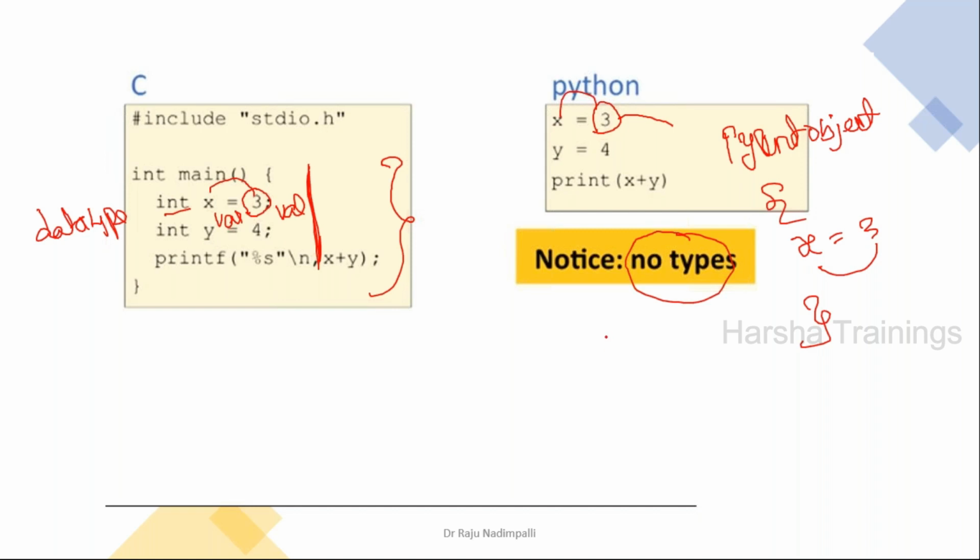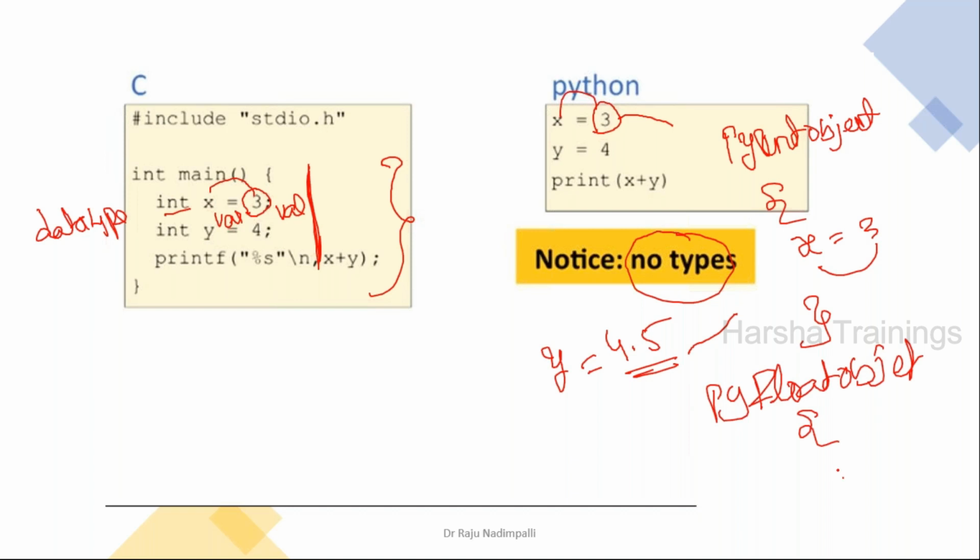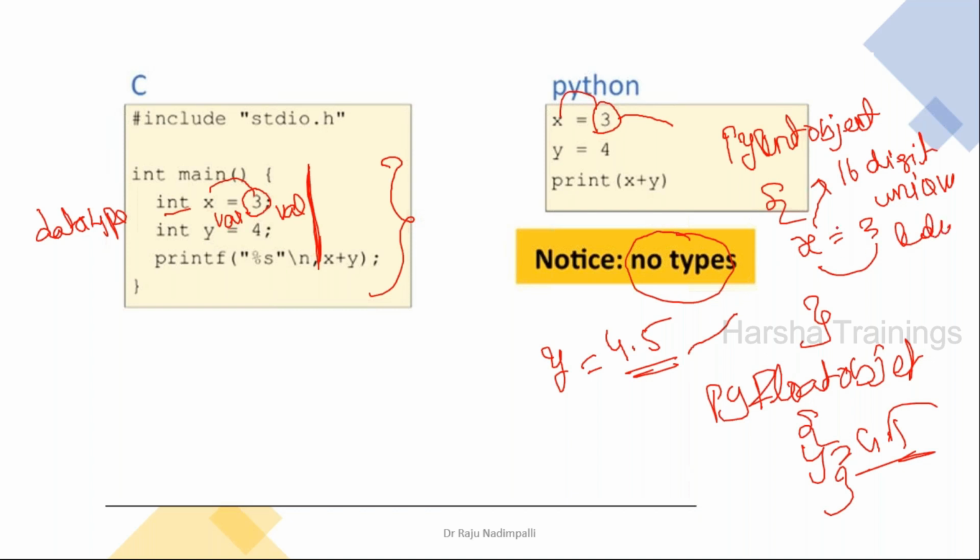For example, if I want to implement a float variable, 4.5 is a float. Everyone knows about it. y equal to 4.5. The interpreter is going to create a float object. This will happen in memory itself. Now, what will happen internally? It is going to create a 16-digit unique identifier, which identifies the memory location.